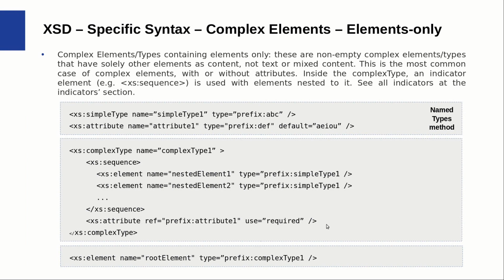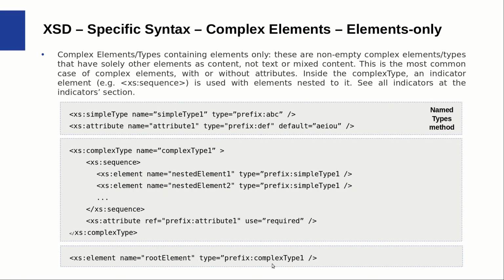And lastly, we set that complex type with those two elements of the simple type globally declared to a future root element at an element declaration, by setting the type using the type attribute with that previously declared complex type.